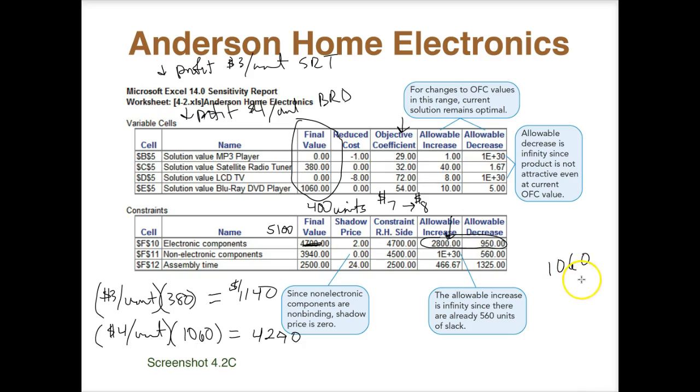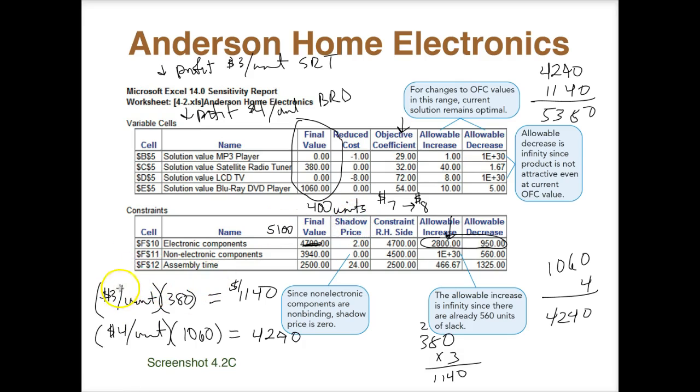Let me just check this to be sure. For the 380 times 3, I get 1,140. So if I take those two and add them up, I would get 5,380.